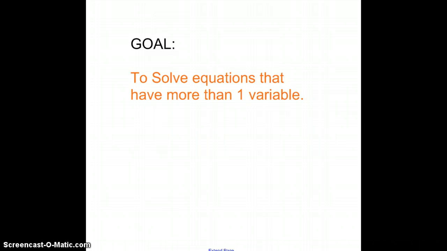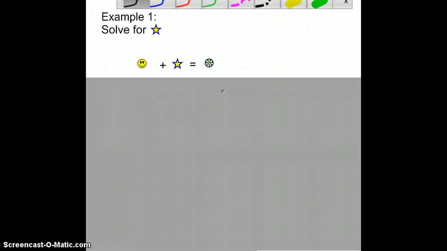In these examples today, we're going to have more than one type of variable. So there may be x's and y's in the same equation. It sounds more complicated than it really is. Actually, a lot of times it ends up being easier because there's less math computation involved. You just have to remember the basic principles that we've gone over about isolating variables.